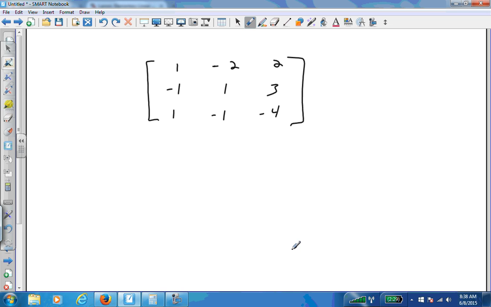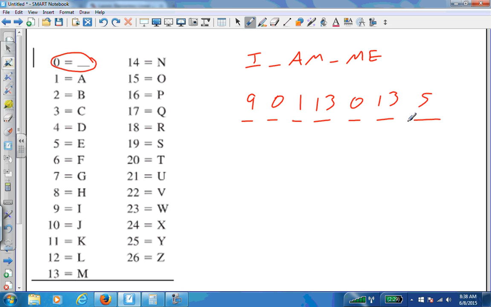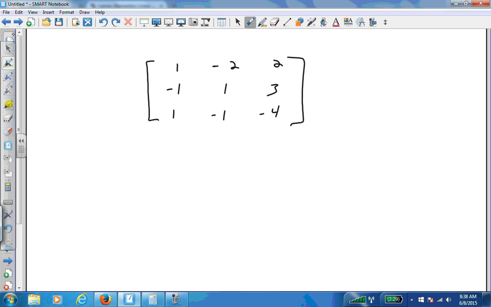And if we want to encode, let's say, this message, or we'll do the first part of it at least, then what we'll do is we'll multiply it by this encoding matrix. Now notice this has 3 rows, 3 columns.